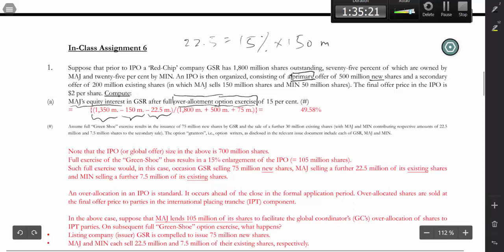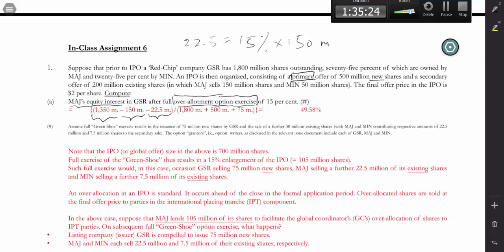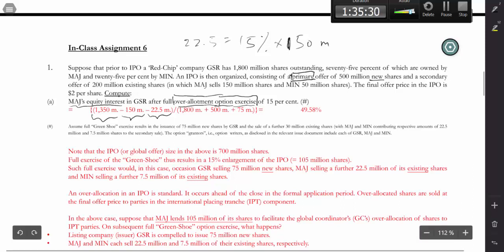So when the iBank goes to the issuer and says, can we have more shares? These can be new shares, but these can also be shares from the existing shareholder. Okay.